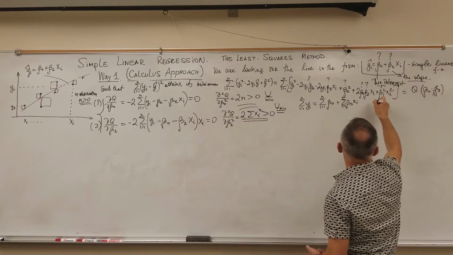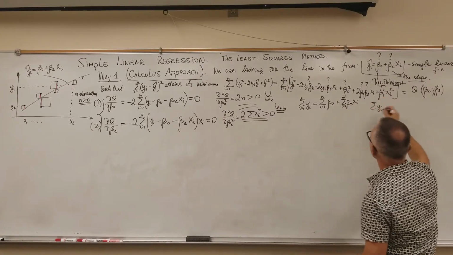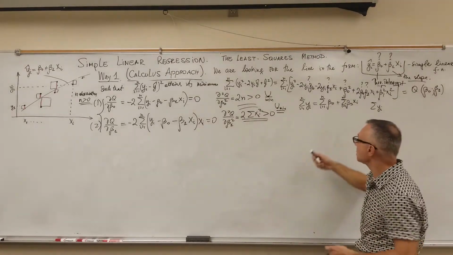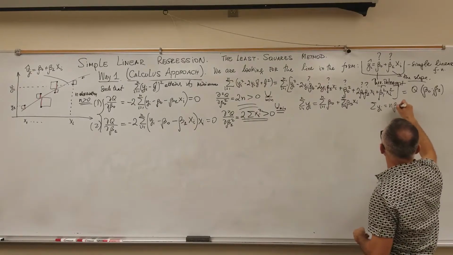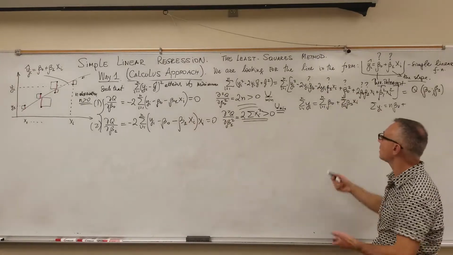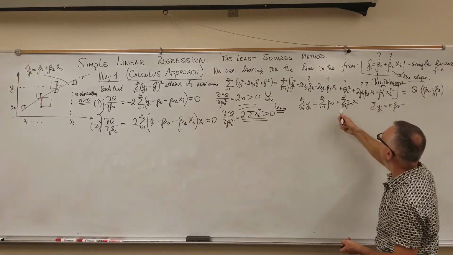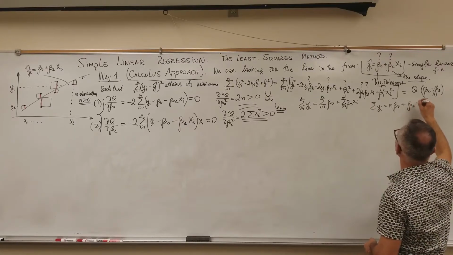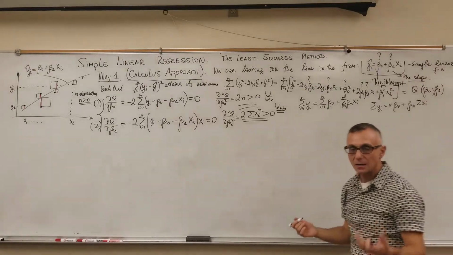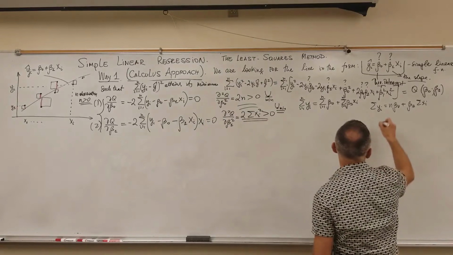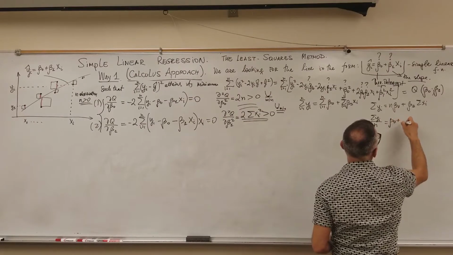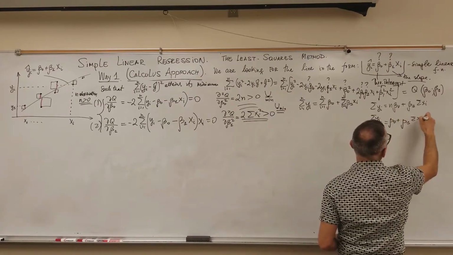So we have the summation of yi's. Summation of beta 0 does not depend on i, it gets added to itself n times, so it will be n beta 0, plus beta 1, pull it outside of the sum, does not depend on the i index, this is beta 1, and this is i. So beta 1 is the summation of xi's. Dividing by n, a non-zero value, I will have sum of yi's over n is equal to beta 0 plus beta 1, sum of xi's over n.